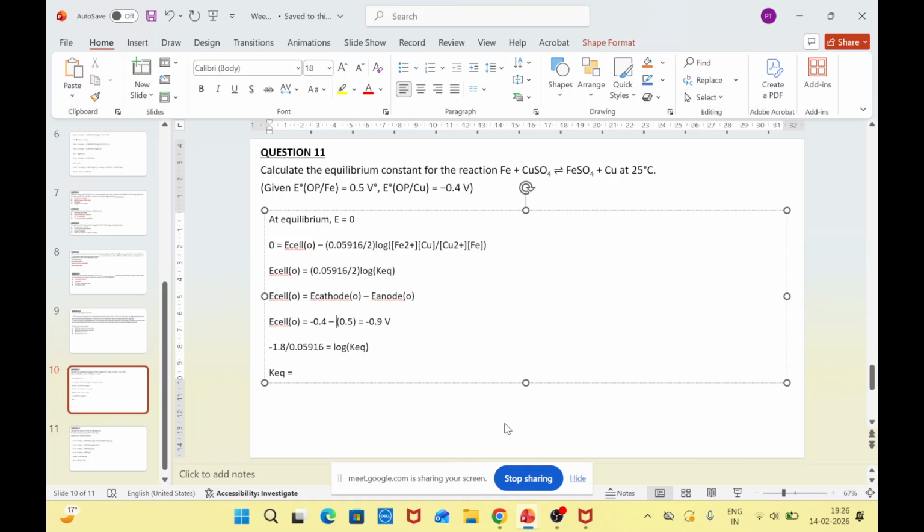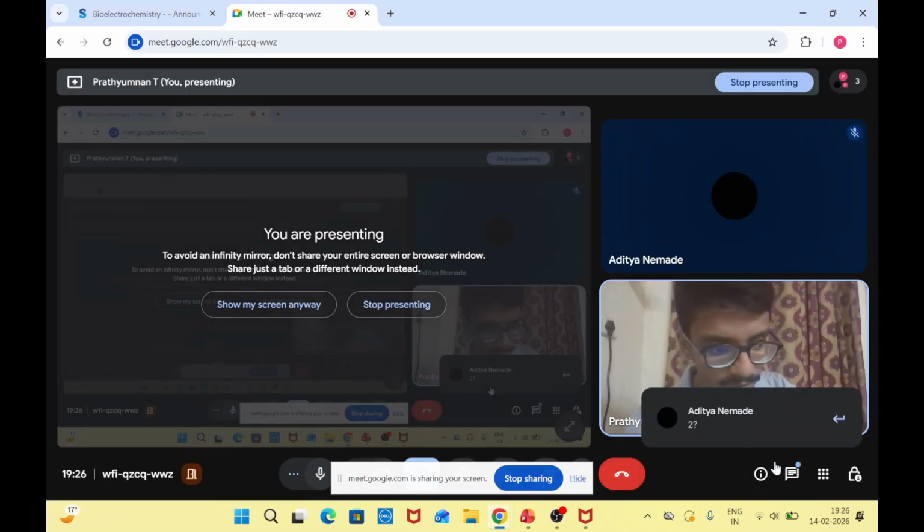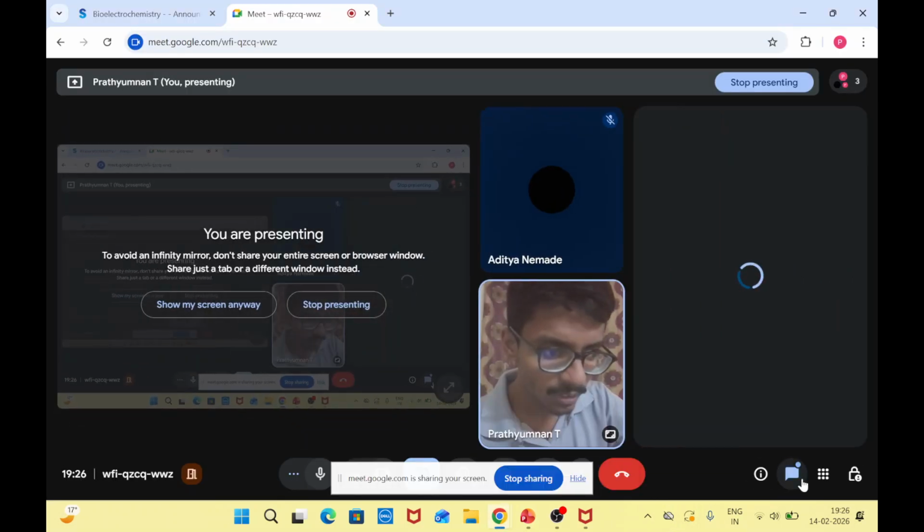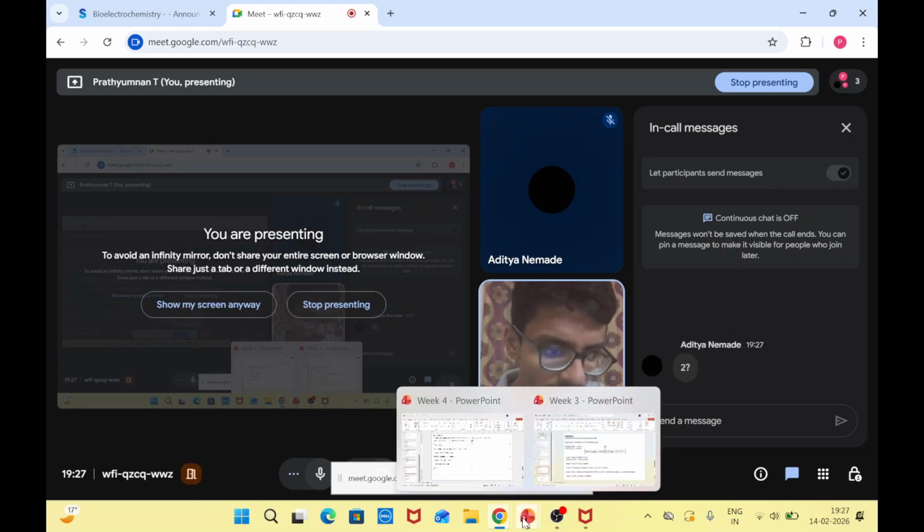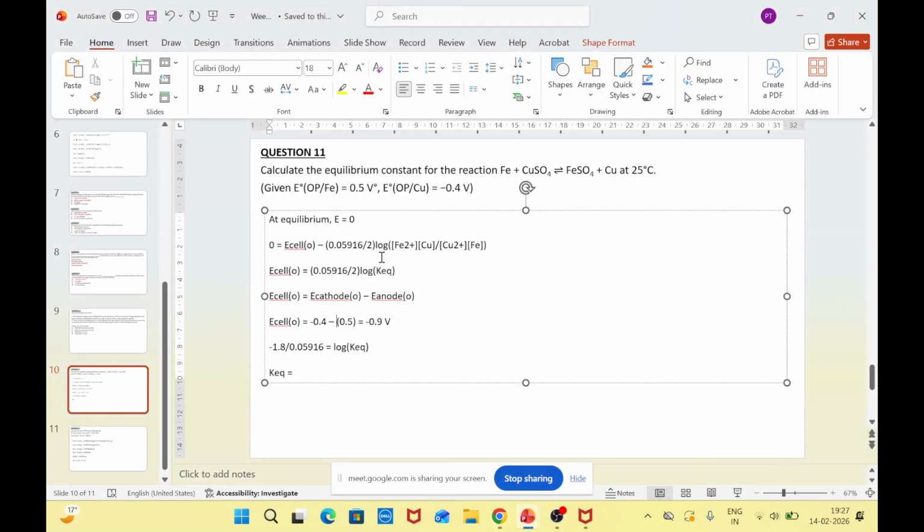Have I made any mistake or is it correct? No, 2 is correct, because two electrons are participating.